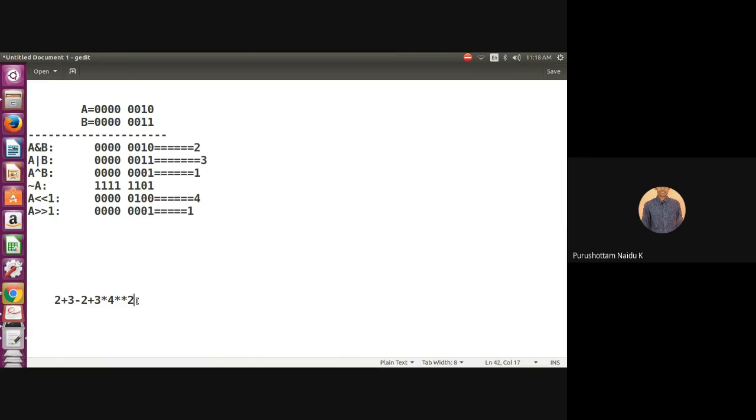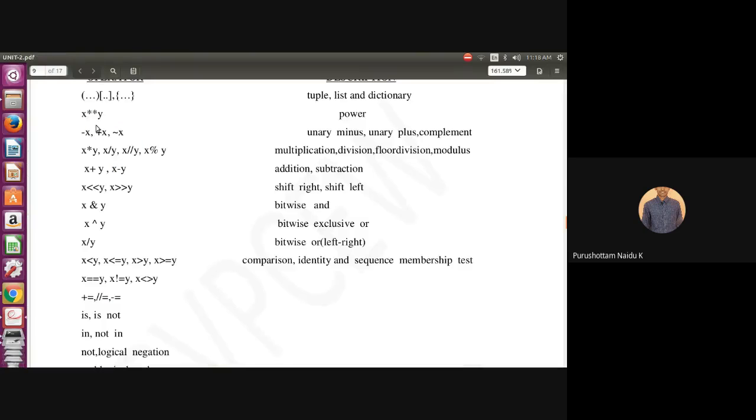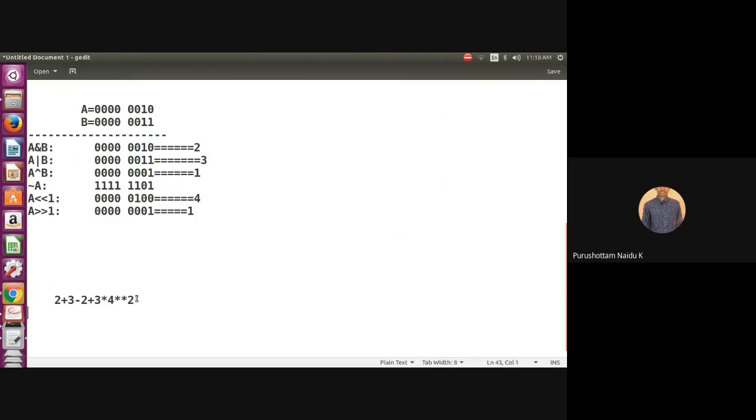If you look at this precedence table, among plus, minus, star, and power, which one is the highest priority? Star star, the power, is the highest priority. That's why the power is evaluated first, that means 4 square, that is 16.